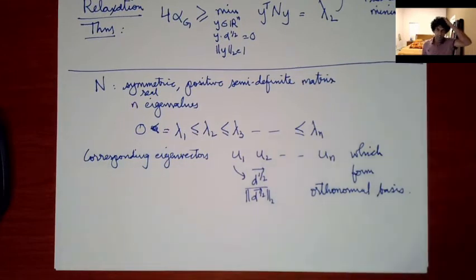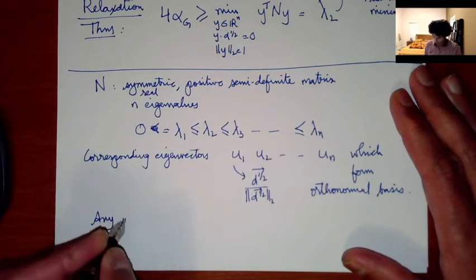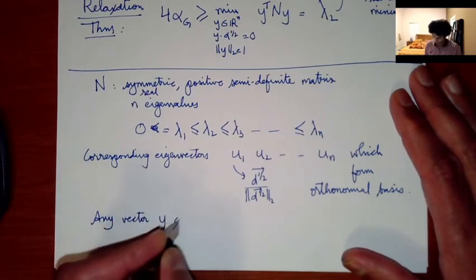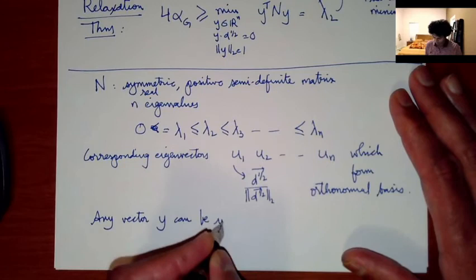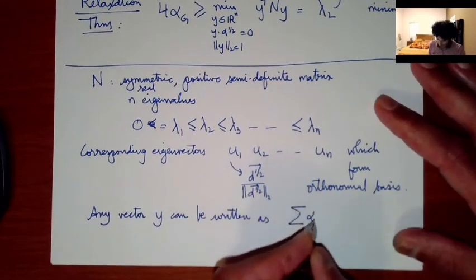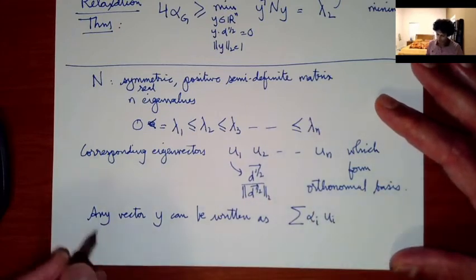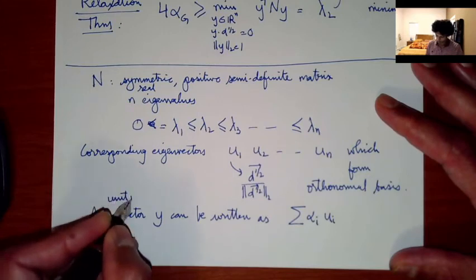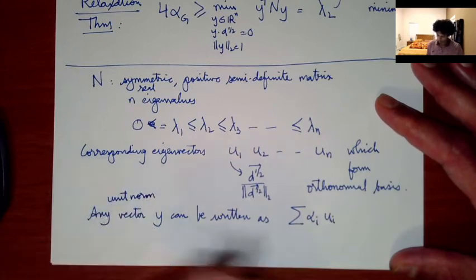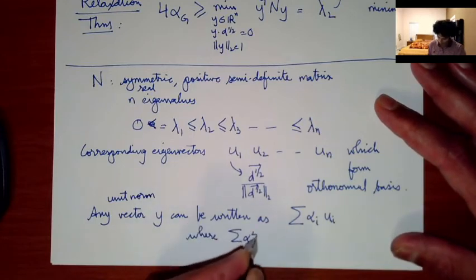So whenever you're dealing with matrices which are symmetric and have this nice structure, you look at the orthonormal basis, and you write everything in the orthonormal basis. So any vector y can be written as the summation of alpha i ui, and if it's unit norm, then the summation of alpha i squared is equal to 1.